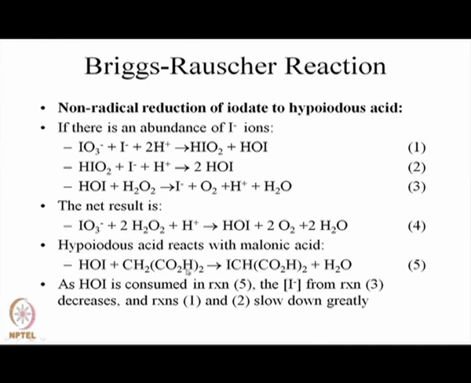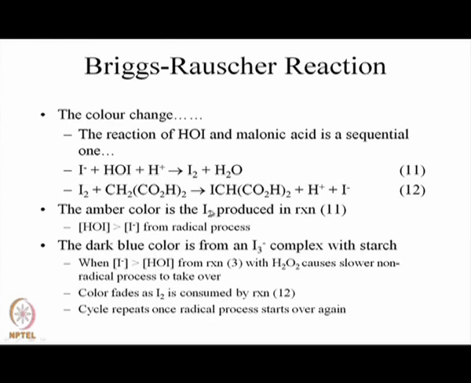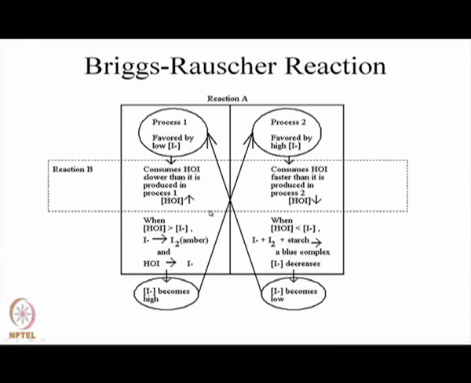These steps are prevalent because these two steps require iodides. So, with high iodide, these steps are promoted, with more I minus required. Although here one iodide is released, the consumption is more than the release. So, process 2 is favored.